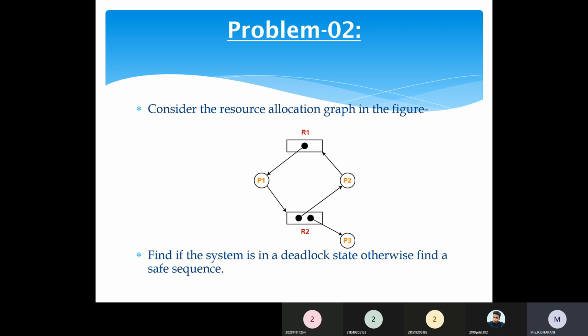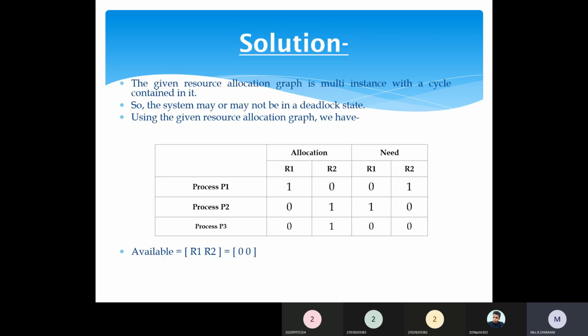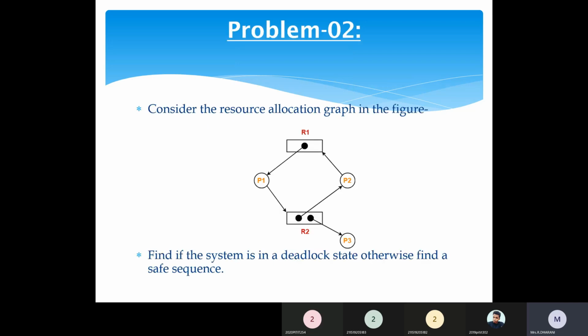Let us see whether there is a chance of deadlock or not. If there is no deadlock, we need to find the safe sequence. The given resource allocation graph has multiple instances with a cycle contained in it. It is not a single-instance resource; we have multiple instances of R2, and there is a cycle formation as well.